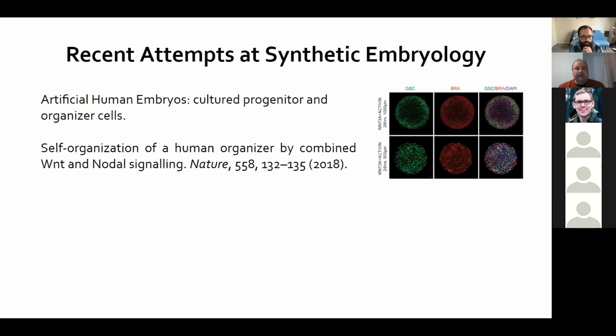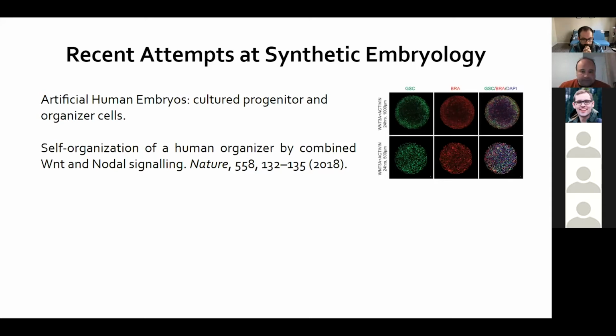These are cell cultures where they combine progenitor cells and organizer cells. And they grow these things in culture, and they assay them for gene expression and other molecular markers. And so you can see on the right, this is an image of what they've produced. They're able to look at higher order patterns in these embryos.